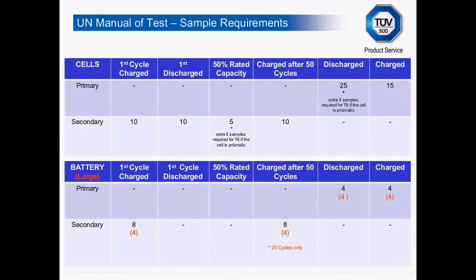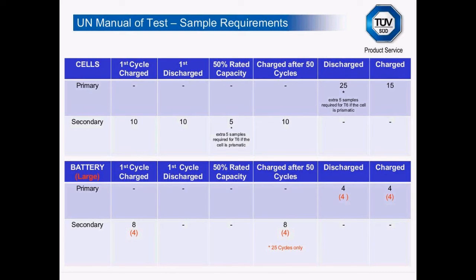This table basically shows the sample requirements for tests, and it depends on whether it's a cell, a battery, and if it's a primary or secondary cell or battery. Tests 1 to 5, or T1 to T5, are performed on the same samples, but for tests T6, T7, and T8, a different set of samples can be used for each test.